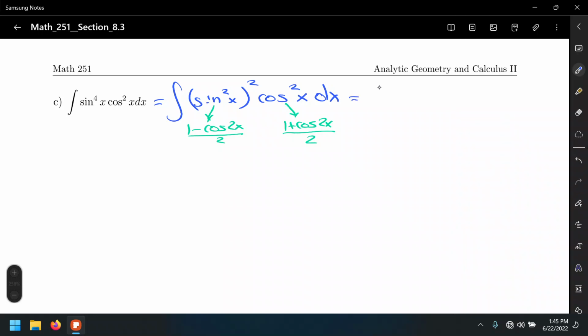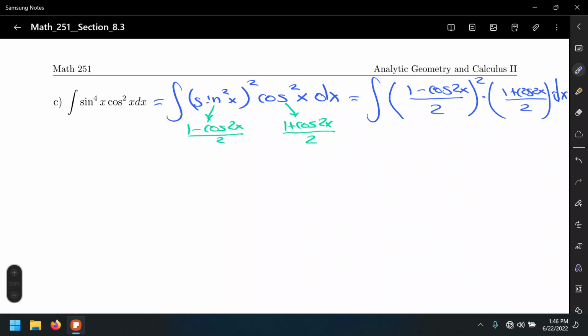Okay, so that's going to be the integral of 1 minus cosine 2x over 2, the whole thing squared, times cosine squared, which equivalently is 1 plus cosine 2x over 2, with respect to x. Okay?